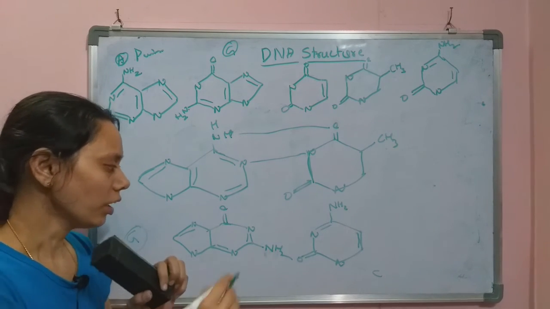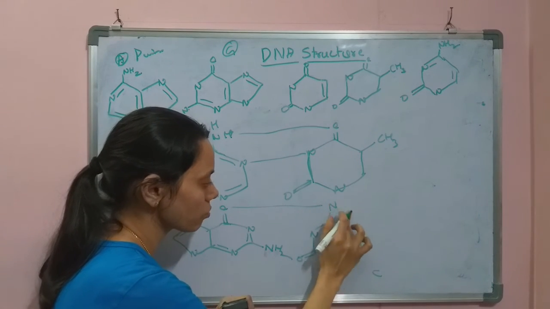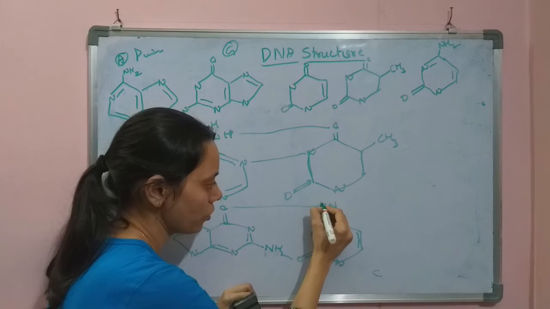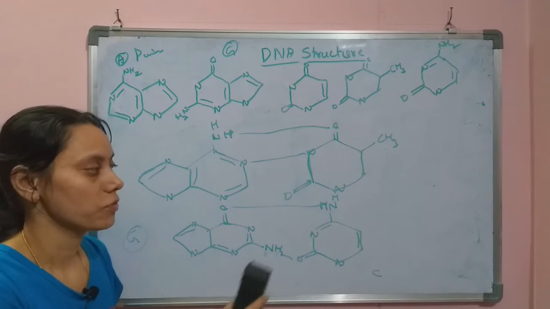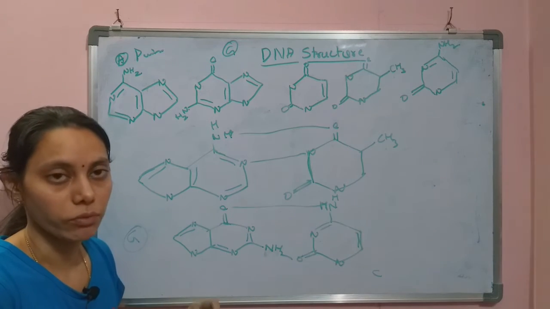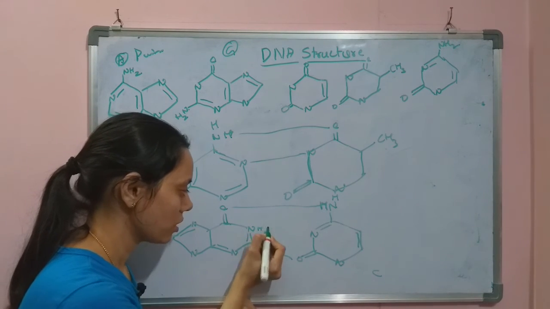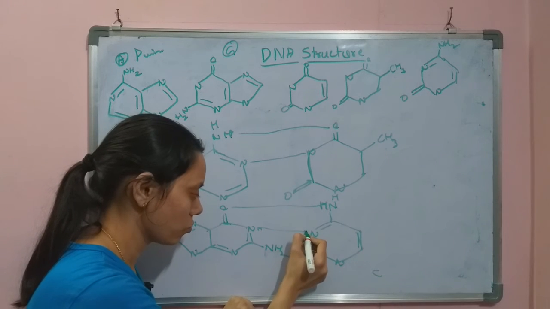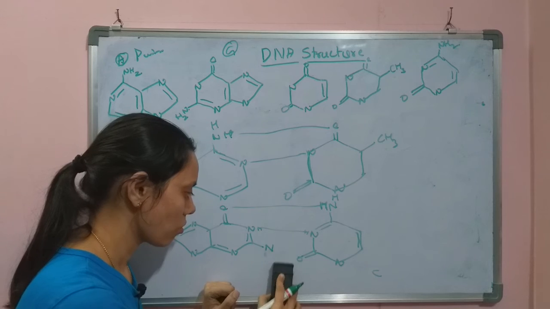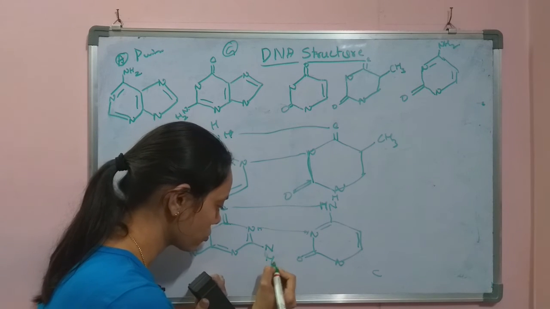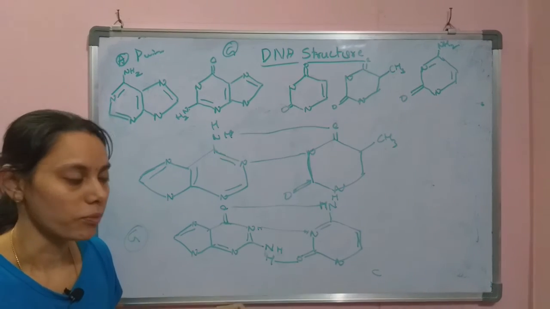So here is an oxygen, it will be involved in the hydrogen bond with one of the hydrogens of the amino group. One hydrogen from the amino group of cytosine will be involved in the hydrogen bonding. Likewise between these NH groups the hydrogen bond will be formed, and between this oxygen and one of its hydrogens the hydrogen bond will be formed.